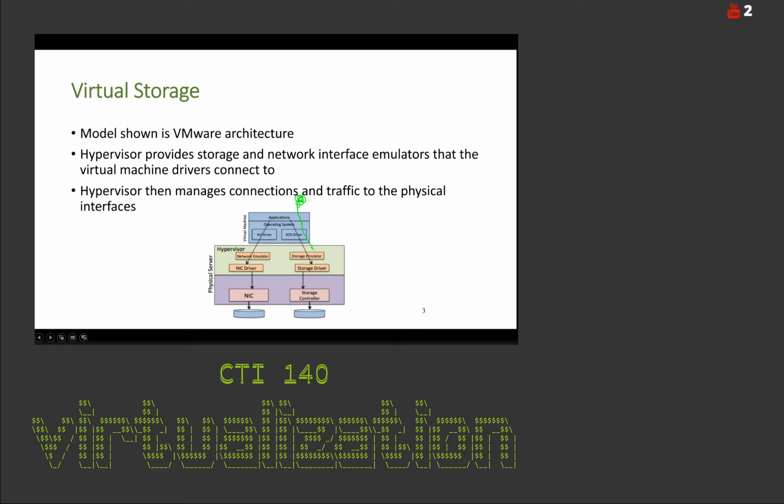Then the hypervisor takes over with that conductor role to talk to the physical host, picking up the storage emulation side. It's looking at that virtualized storage, and it's saying, okay, let me pass this information through, get into the storage driver, send that information through to the storage controller, and pass it on to the physical disk.